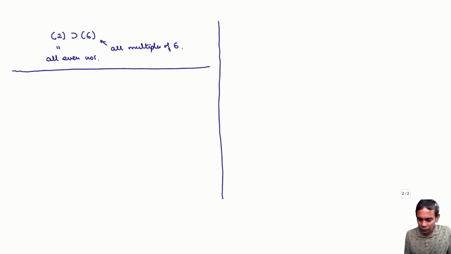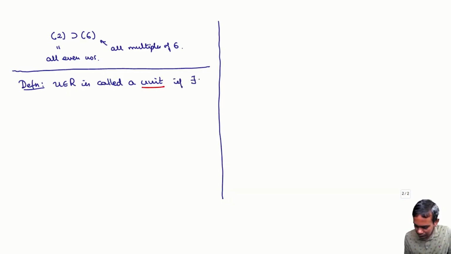Okay, so now a unit in a ring R, an element of R is called a unit if there exists v in R such that uv is equal to 1.